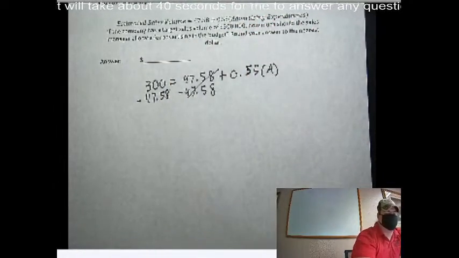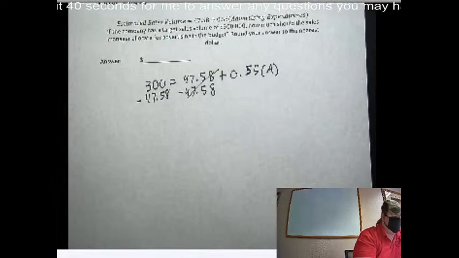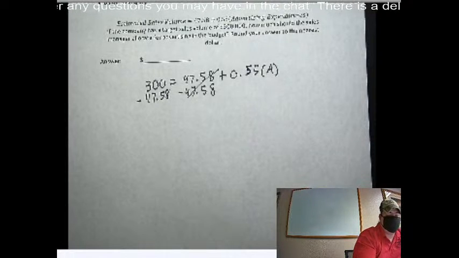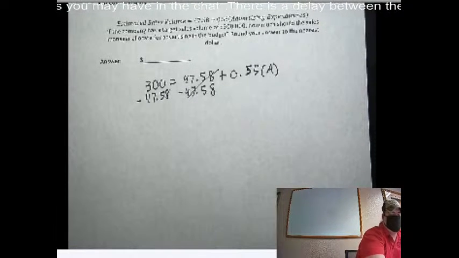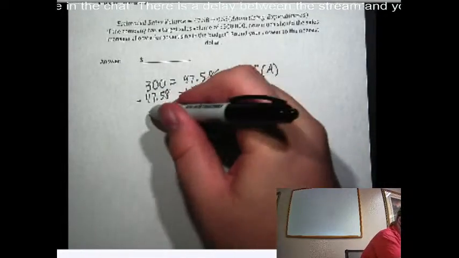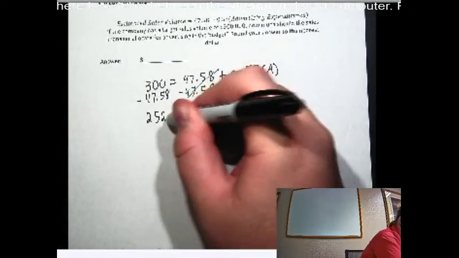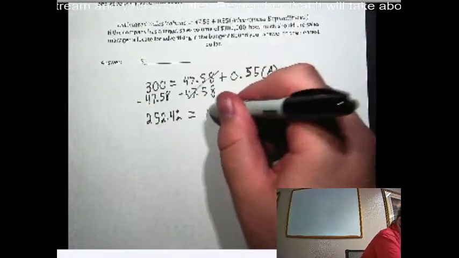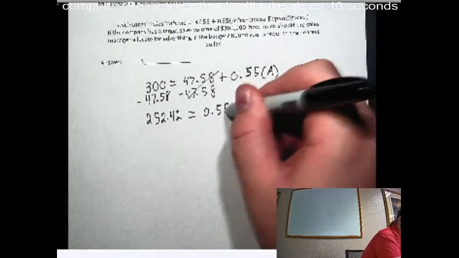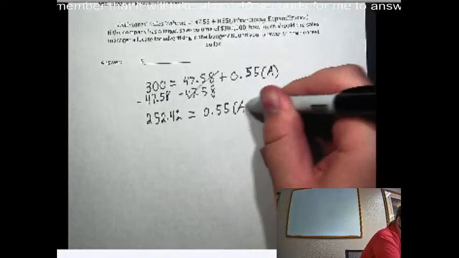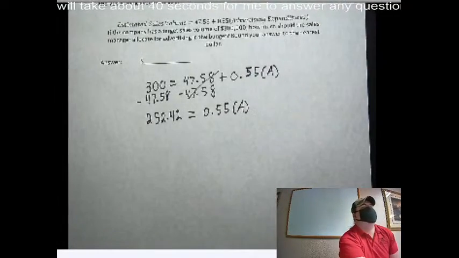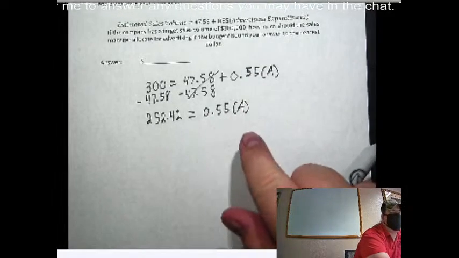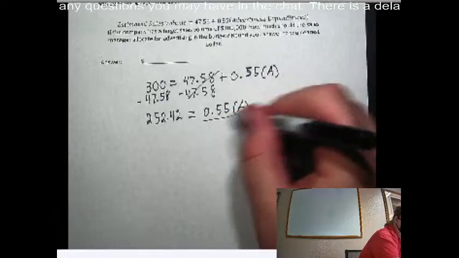Okay? So 300 minus 47.58 is going to give us 252.42. Write down the rest of this, 0.55 A. Okay, now we are multiplying 0.55 by A, so to get rid of it, we need to divide by 0.55.